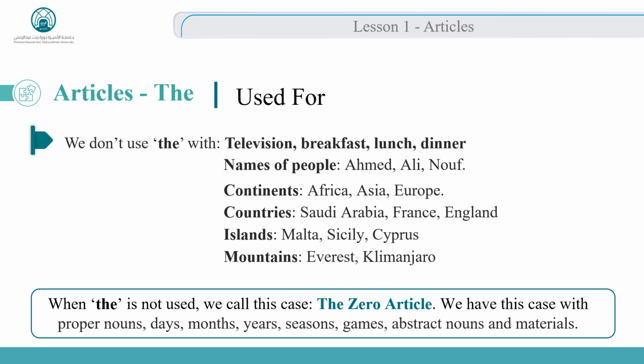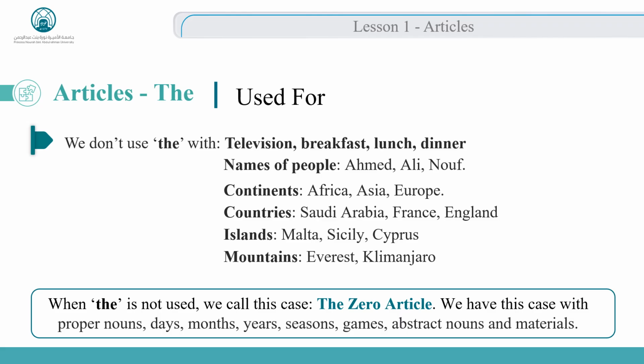Also, we don't use the before the names of islands like Malta, Sicily, Cyprus. But remember also here that we use the when the name of the island is in plural, when we said the Canary Islands. Mountains, we don't use the before the names of mountains like Everest, like Kilimanjaro.